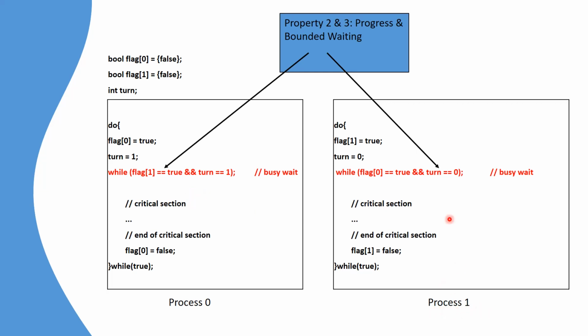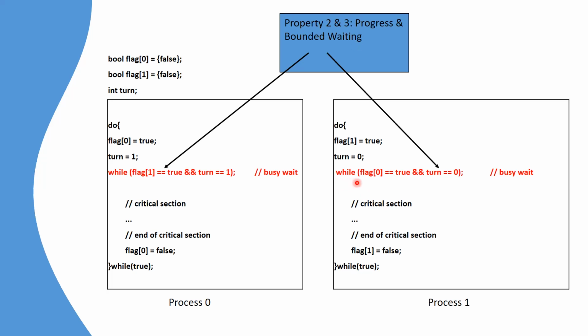The third property is bounded waiting, which says that there exists a bound or limit on the number of times that other processes are allowed to enter their critical section after a process has made a request to enter the critical section and before that request is granted.